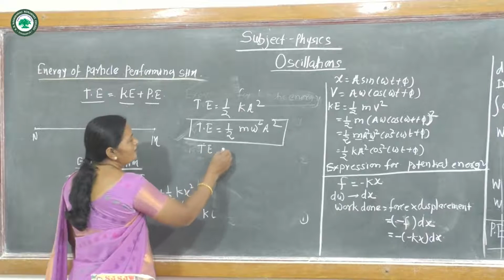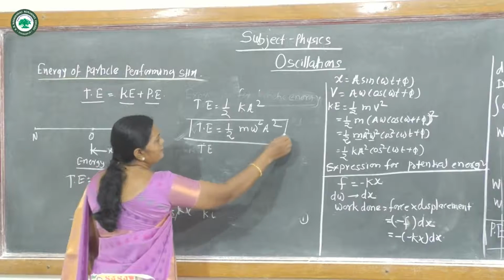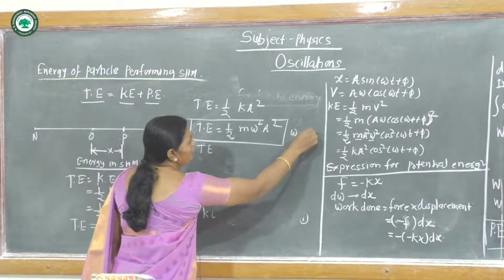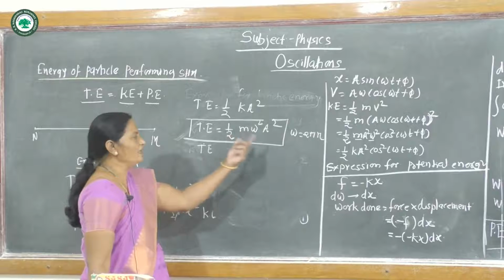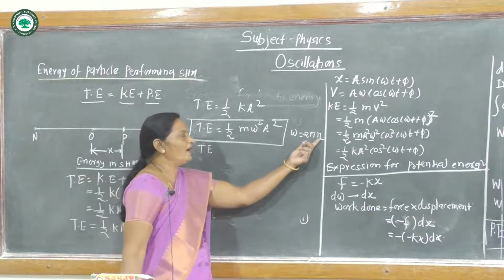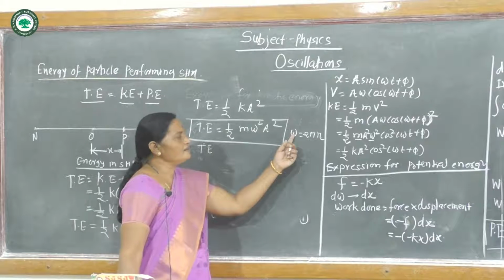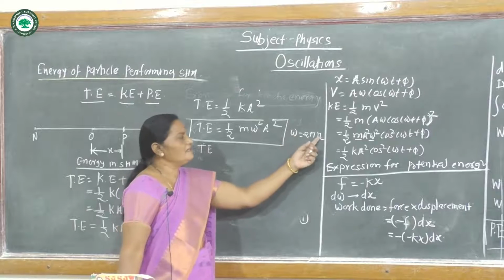Now suppose omega is equal to 2 pi n, where omega is angular velocity and n is frequency.